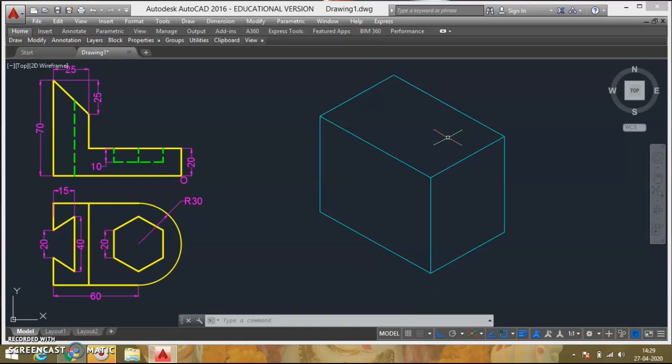Now the next thing, you can just check the question. If you see the question carefully in front view, inside this outer boundary, I can't see any object line. So taking advantage of it, I can draw this particular face here.